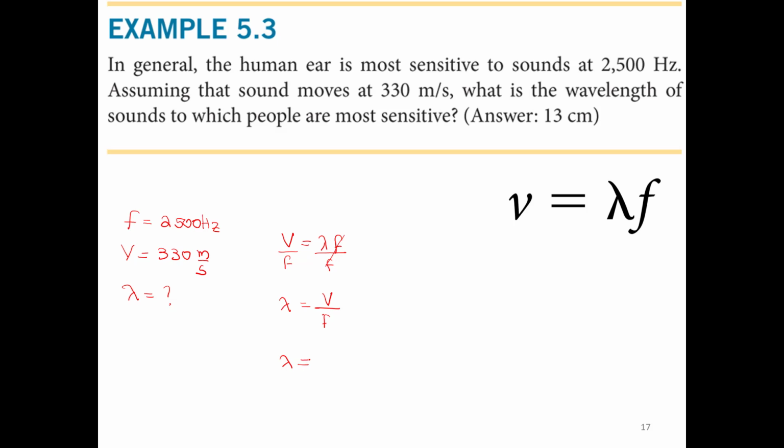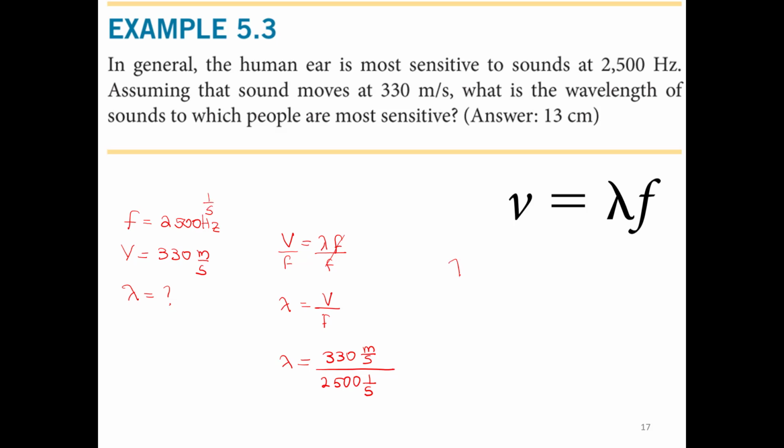Then it will be 330 meters per second divided by 2500. And let me write 1/second. Just remember hertz is 1/second.